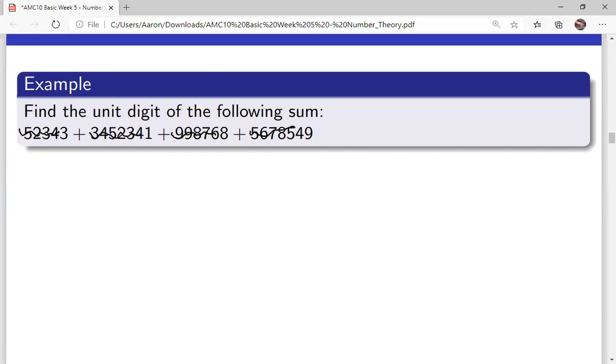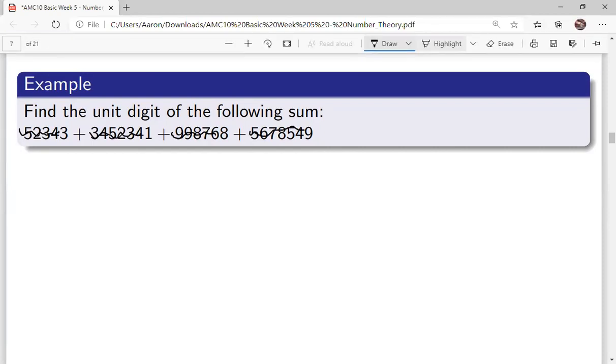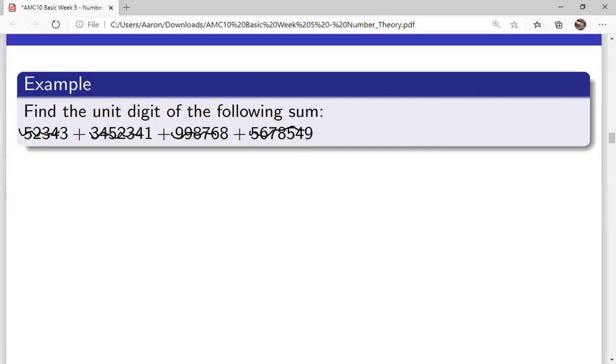And logically, this makes sense. One way to show this is by taking all of these modulo 10, because the units digit is the sum modulo 10.